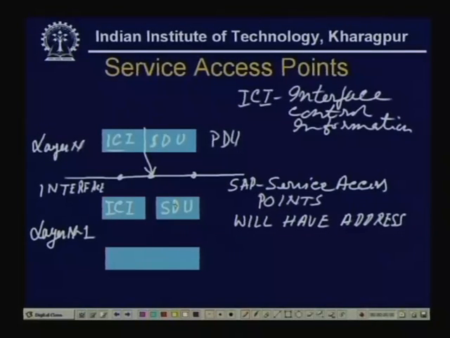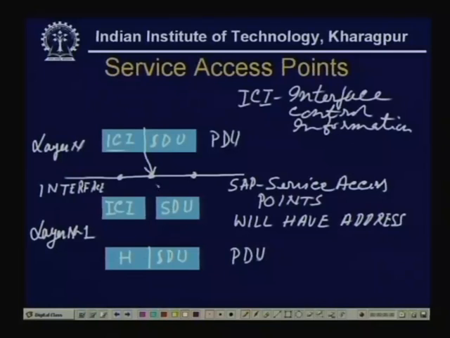Then the SDU can be divided into several parts. For example, here there is one part, and that SDU will be included into another protocol data unit, PDU, and this layer n-1 will add some header to it.